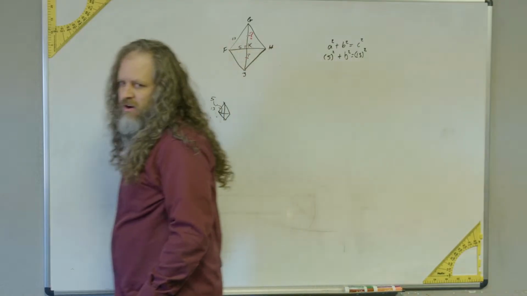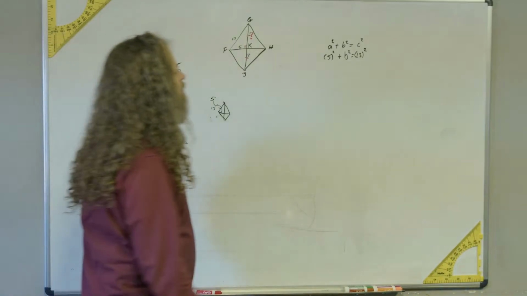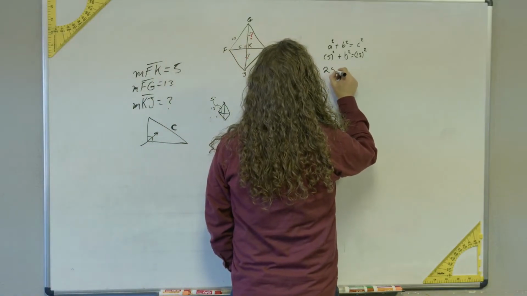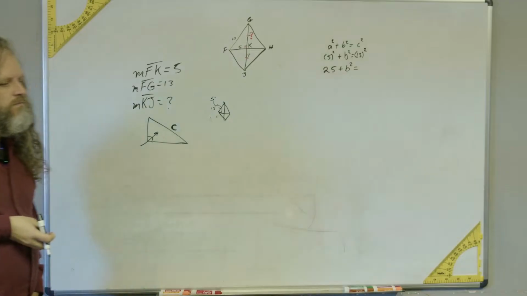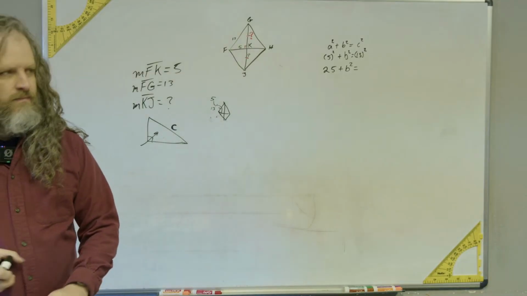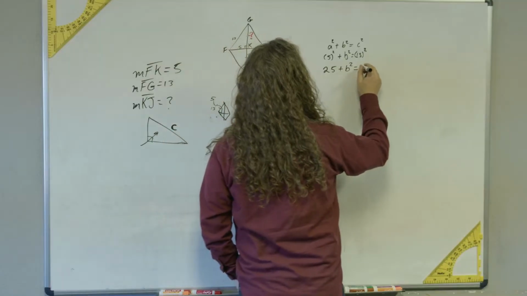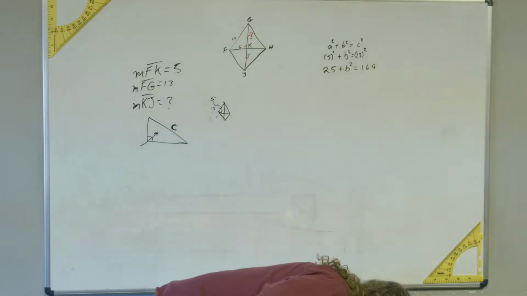All right. So what's 5 squared? 25. What is 13 squared? 169. Then we would subtract the 25.